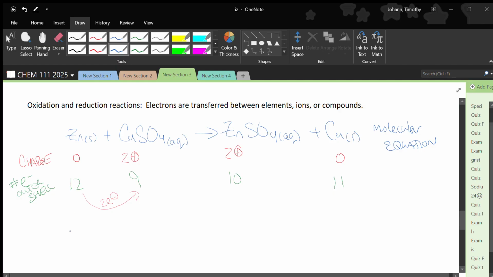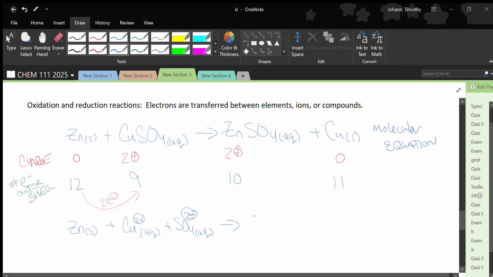So the complete ionic equation is going to have zinc solid, right? It's not aqueous, so it just stays that way. Copper sulfate is aqueous, so what do I do with that? I break up the ions, right? Copper plus 2, aqueous, plus sulfate 2 minus, aqueous.